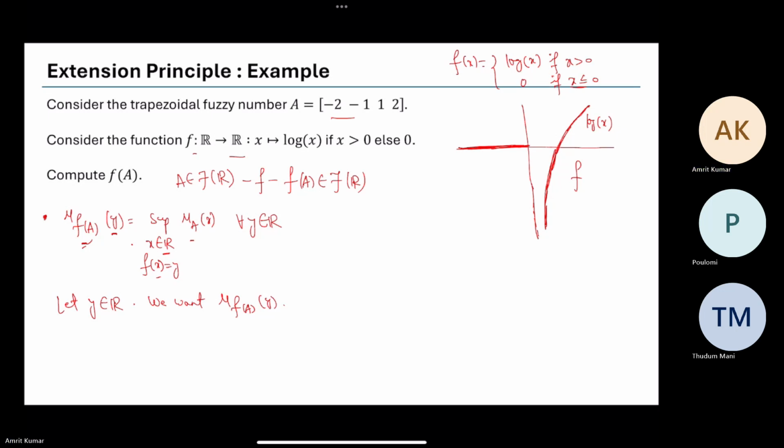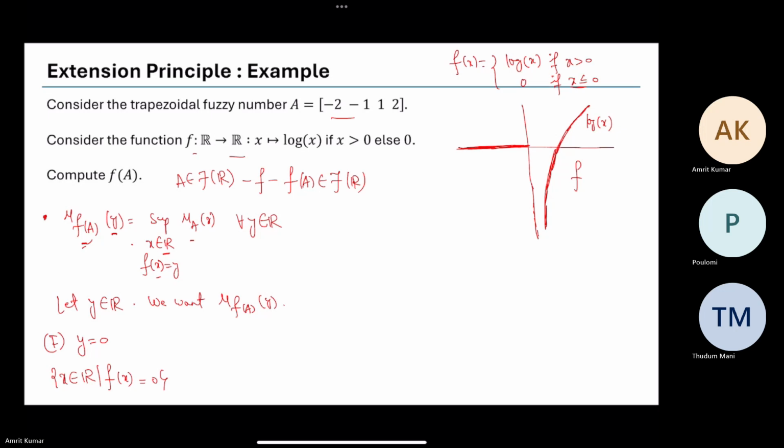So either y is going to be equal to 0, or it is going to be less than 0, or it is going to be greater than 0. There are three possibilities. So let us look at the first case when y is equal to 0. So we'll first look at the set of all real numbers x such that f of x is equal to y, which in this case is 0. So we'll look at this set.